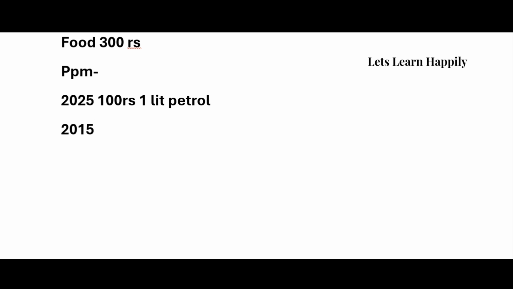Let's say 2019. The amount is the same, 100. From this 100, in 2019, we can have 2 liters of petrol, and in 2015, from this 100 rupees, we can have 3 liters of petrol.